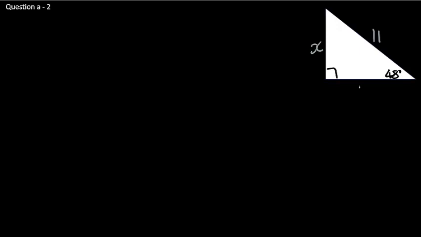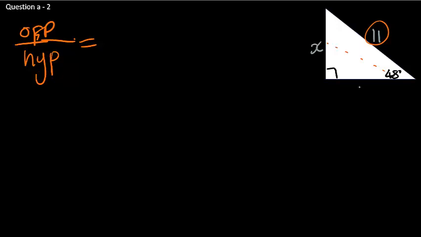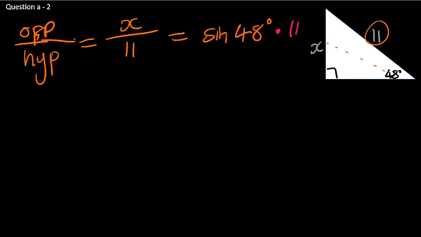Question A2, same question, solve for x. What do you see? You see that x is opposite, so I've got opposite over hypotenuse, which is x over 11. Opposite over hypotenuse is sine of 48 degrees. So now I am going to multiply by 11 on both sides so that this and this cancel out.